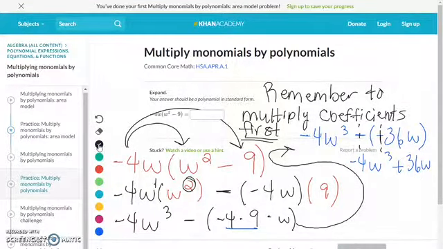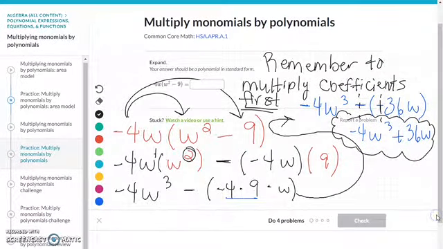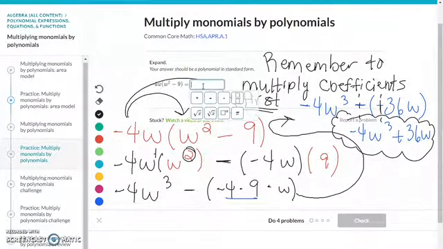I love Khan Academy because you can actually insert the answers inside the boxes and it'll check for you, which I'm going to do right now. Going to click inside the box to make sure that I did it right. I'm going to type negative 4w.